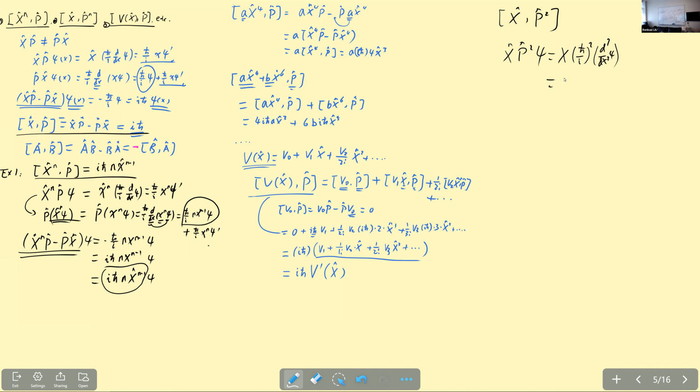So this one will be nothing but h bar over i squared, and then this will be x, d squared over dx squared on the psi. And then we know that we need to have x acting on this wave function first. So that will equal p squared and x psi, right? And now you can have d over dx on x psi, and this h bar over i squared, okay?